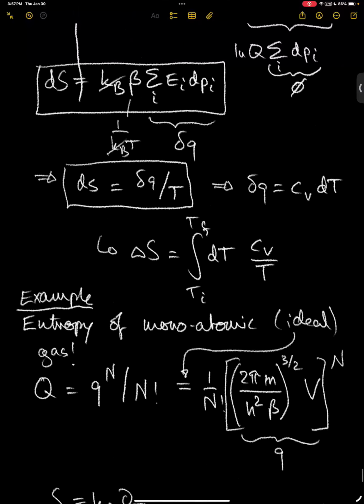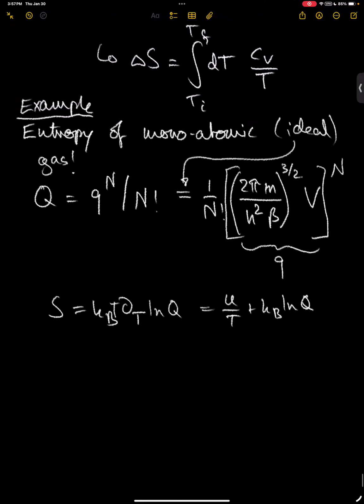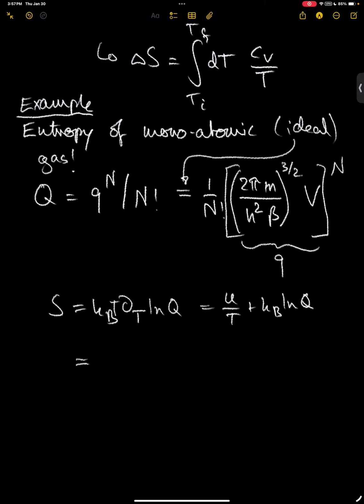Yeah. kB T dT logarithm Q. And we also had U over T plus kB logarithm Q. Now we know already the expression for the internal energy was 3/2 kB nT, and now we have to divide this by T, so we have 3/2 kB n plus kB logarithm Q.